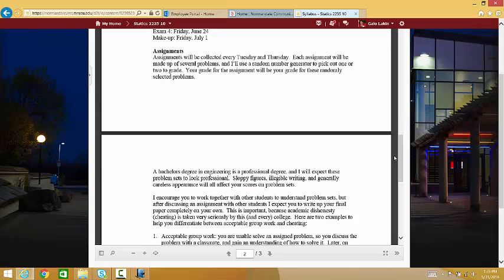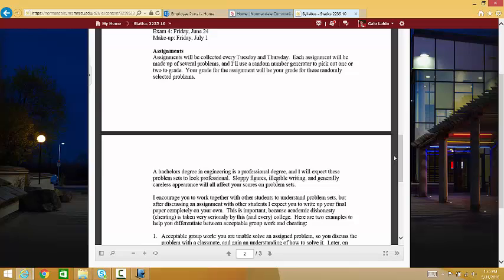There's a couple things I want to say about assignments. The first one is engineering. I think of this as a professional degree, and I expect your work to, different people, that means different things to different instructors. Like, I don't care what you wear to class, well, to a degree. But to quite an extreme degree, I don't care what you wear, I don't care how bad you smell, anything like that.